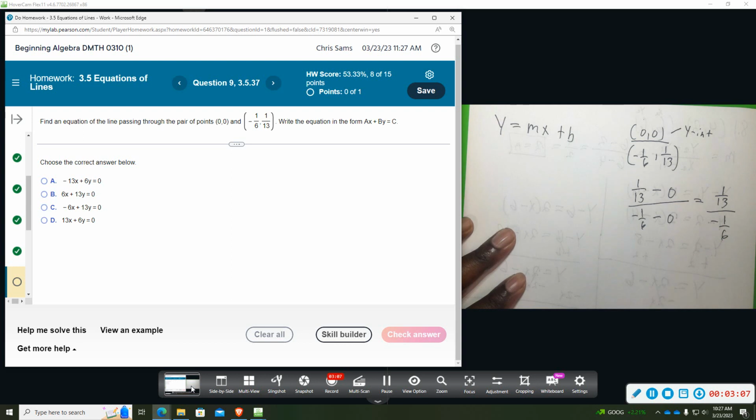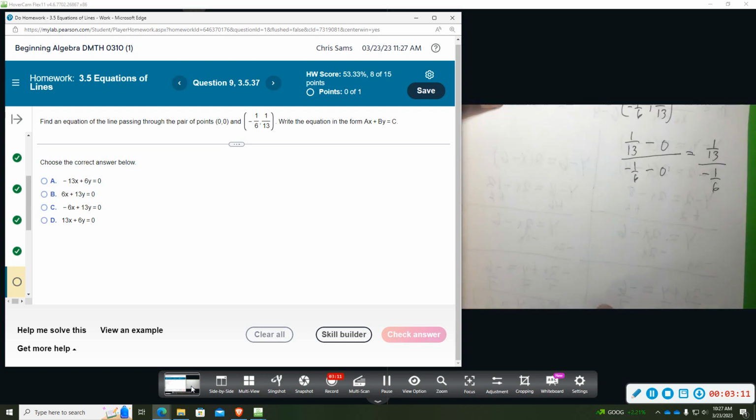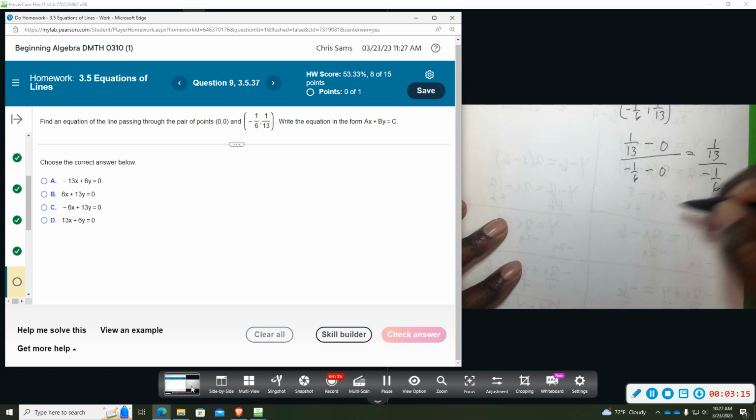Now, when we have a fraction divided by a fraction, we do keep, change, flip, or copy, change, flip, whatever you're used to. So this is going to be equal to 1 over 13 times, and we flip this, negative 6 over 1.